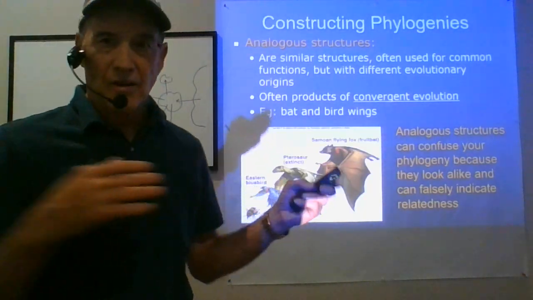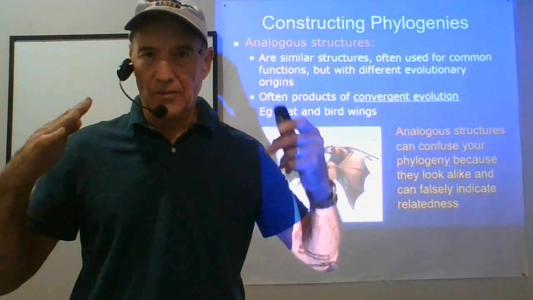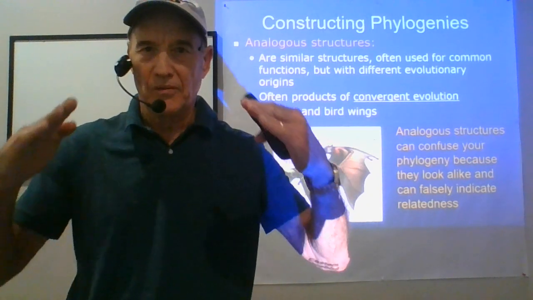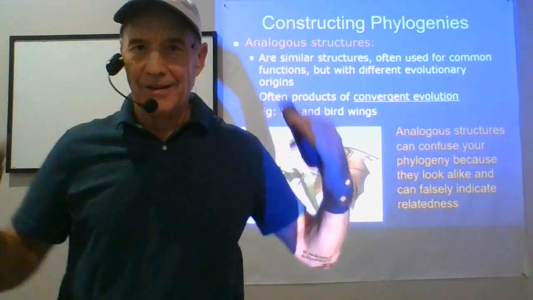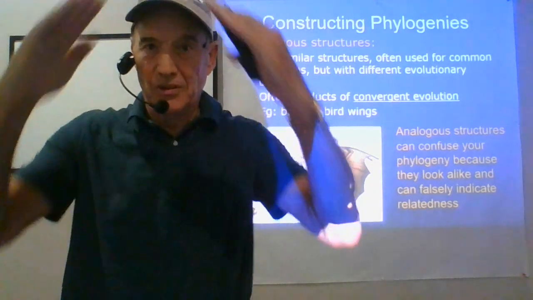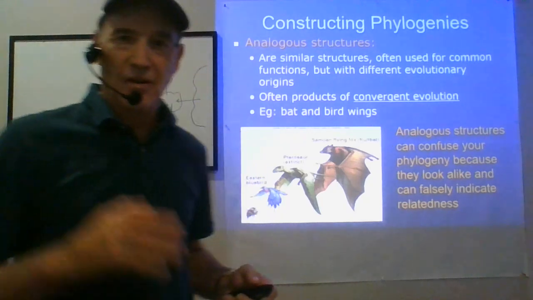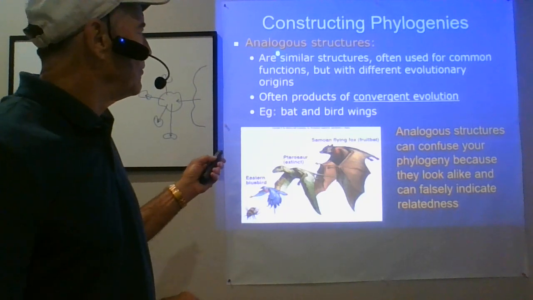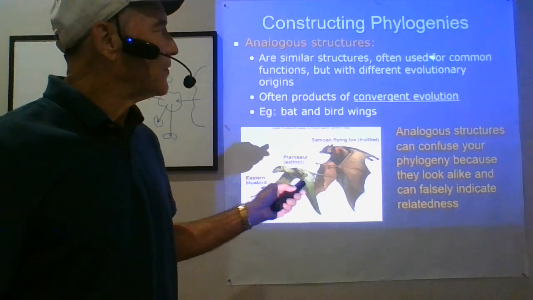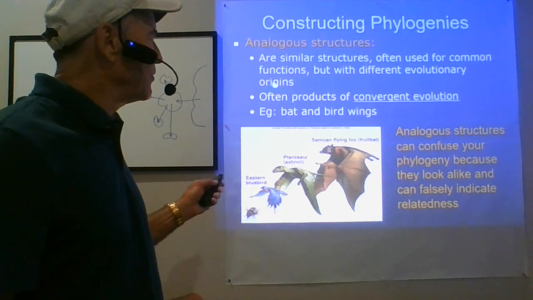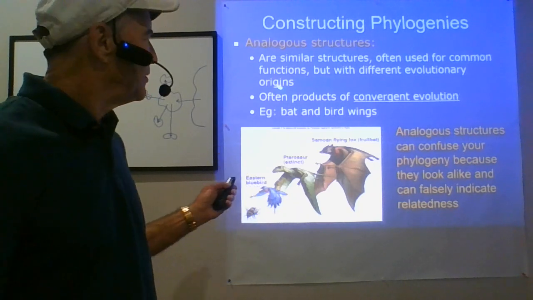Whereas organisms can come from two differing backgrounds and evolve to a common pattern, convergent evolution. Structures that have done that are considered analogous structures. Similar structures often used for a common function, but with different evolutionary origins.